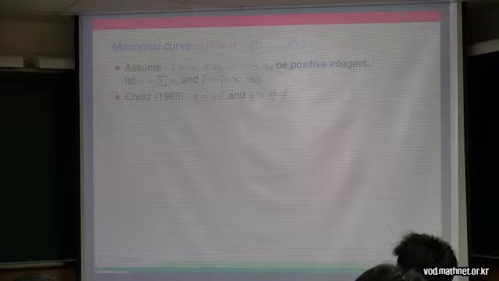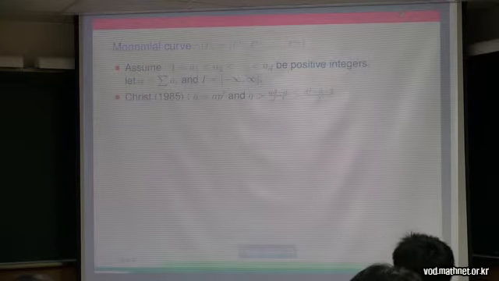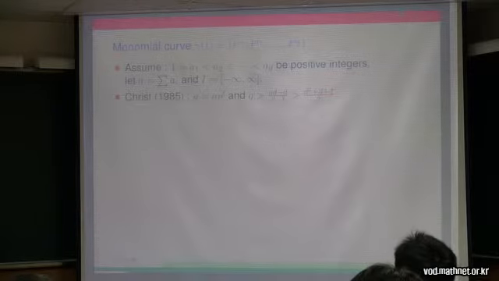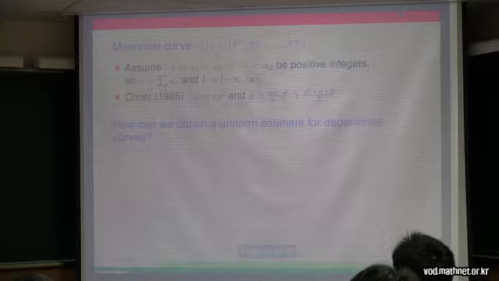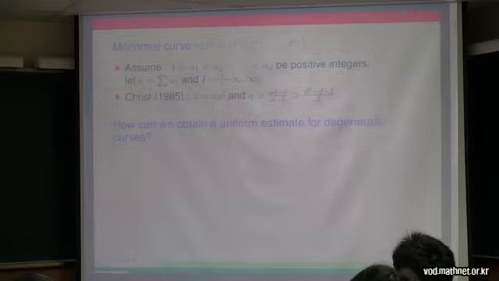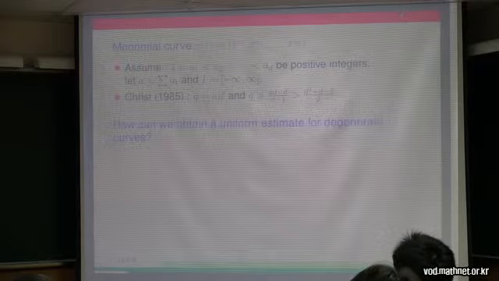And this quantity is always bigger than this optimal quantity. So the question is, how can we obtain a uniform estimate for degenerate curves?